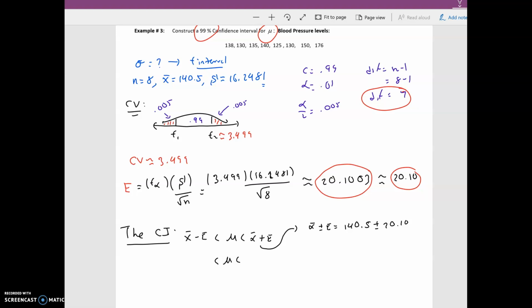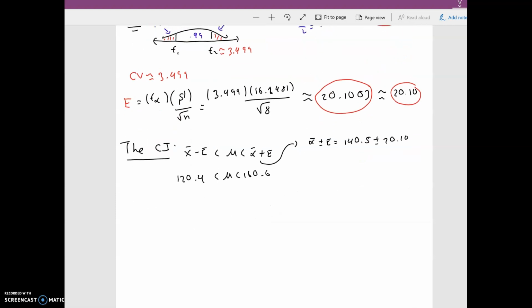Please verify if you're matching. My upper bound is 160.6 and my lower bound is 120.4. So remember that all actual CIs have to have a disclaimer.